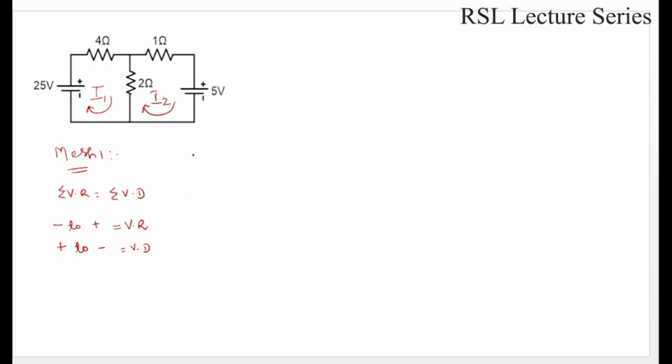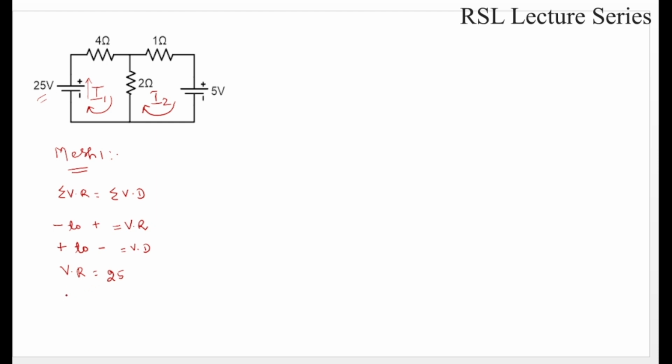Now for mesh 1 we will write both the voltage rise and voltage drops. If you see I1, I1 flows from negative to positive in this direction with respect to the 25 volt source, so this is considered a voltage rise of 25.